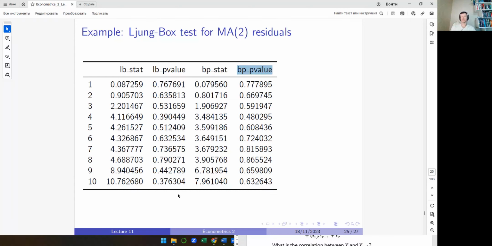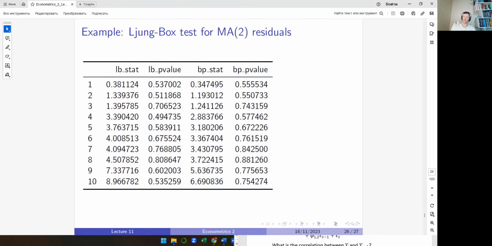What is the null hypothesis here? There is no autocorrelation between current value and lag 1 value, current value and lag 2 value, and so on. We see there is no residual autocorrelation at any lag with the Ljung-Box statistic, and none with the Breusch-Pagan statistic. It means that everything is fine, and for the MA2 model, there is no residual autocorrelation.